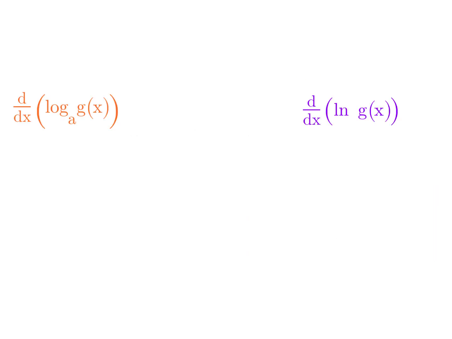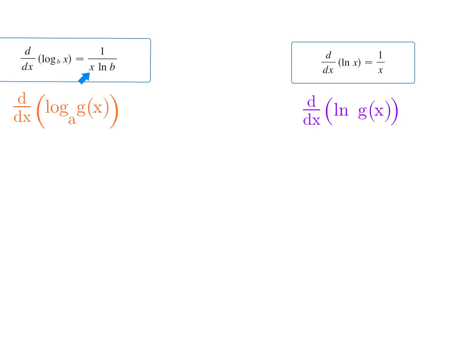So let's talk about some cases where the problem is a little more involved. As you notice here with these two examples, they look similar to what we had before, but now instead of having just an x here, we have an actual function, which means there's a chain rule effect. So if we think about what the actual formulas are, here's how it differs. For the derivative of log base a of g of x, it's going to start off the same.